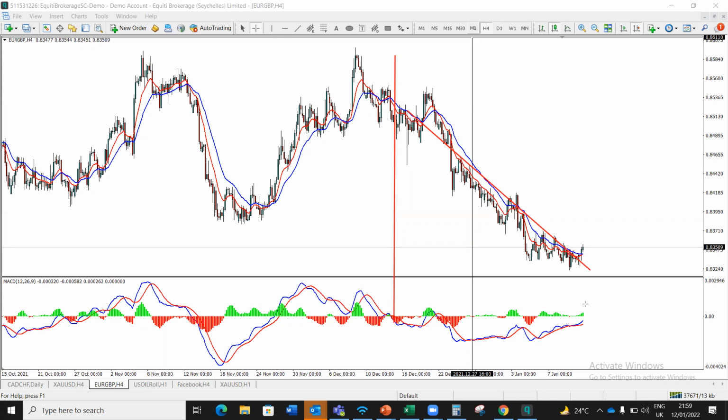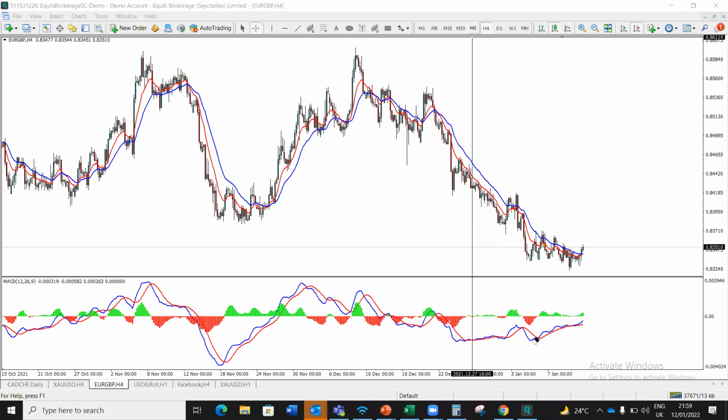So notice this, that the moving average is getting to the zero line. If it crosses the zero line and starts moving above it, it's one of the confirmations we can have in addition to the moving average crossovers. Remember, we talked about the moving average crossovers wanting to give us a buy signal here.